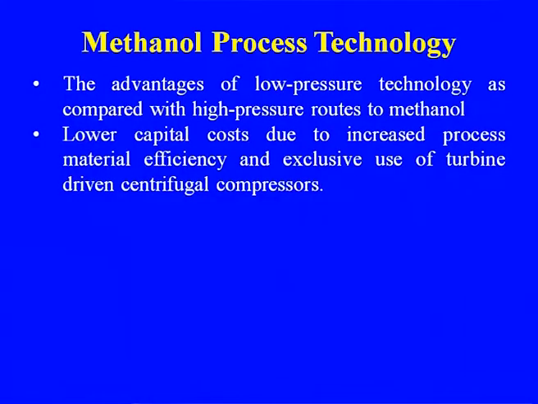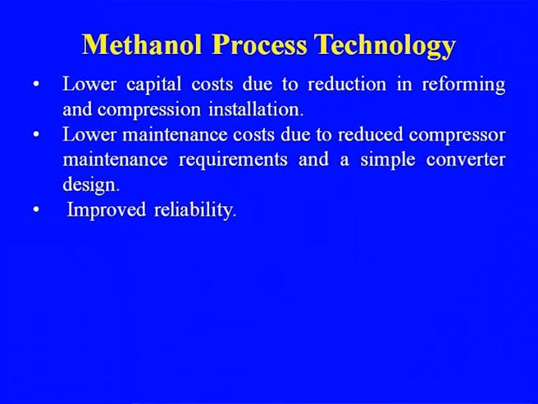The advantages of low pressure technology compared with high pressure technology for methanol are lower capital cost due to increased process material efficiency and exclusive use of turbine driven centrifugal compressors, lower maintenance cost, and improved reliability.